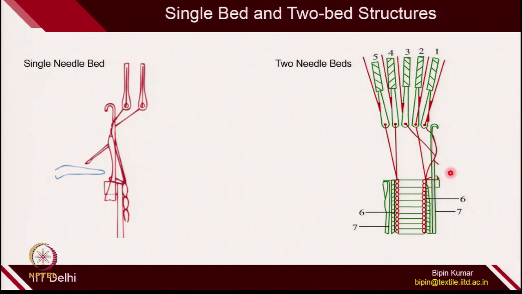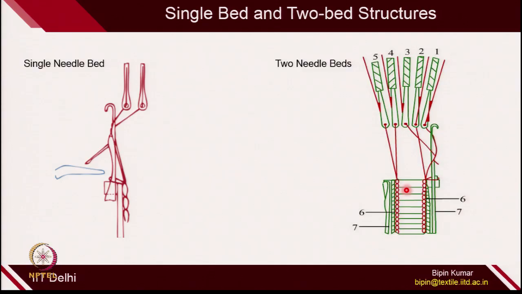So, this is the first needle bed and this is the second needle bed, and you can see all the guides are playing across these two needle beds and creating different types of warp knitted structure. Whenever these two needle beds are used, you can create a tubular warp knitted structure, which is used in supermarkets. If you see all those tubular packaging materials for carrying potato or onion, all those designs are created on a two needle bed structure.